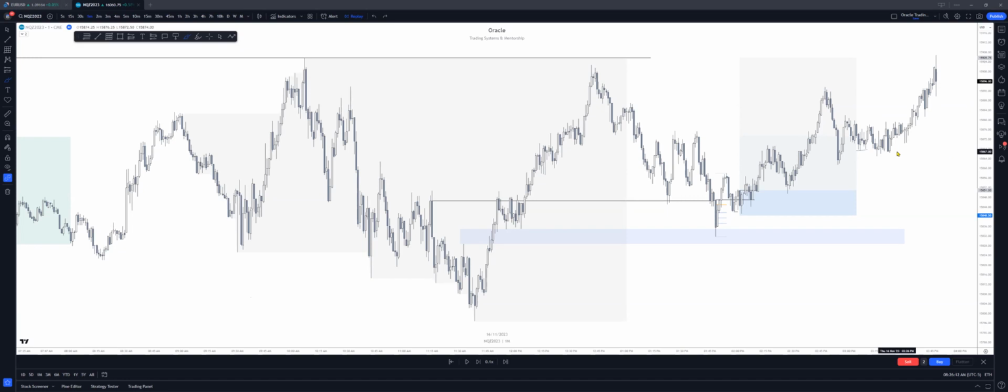Accumulation by definition means, at least in trading, the collection of orders. Okay. So the reintroduction of buy and sell orders. So in this case, we're going buys. So it's an accumulation, a recollection of buying orders.